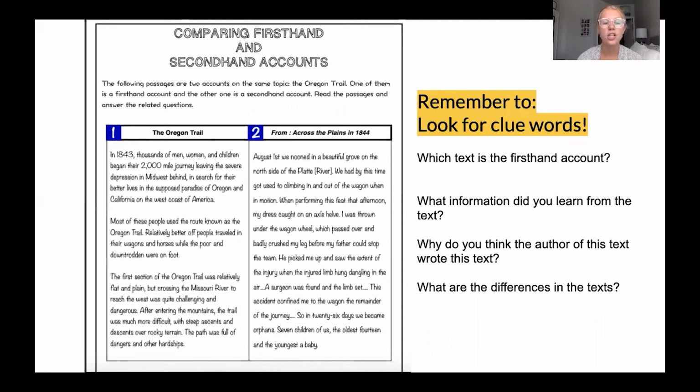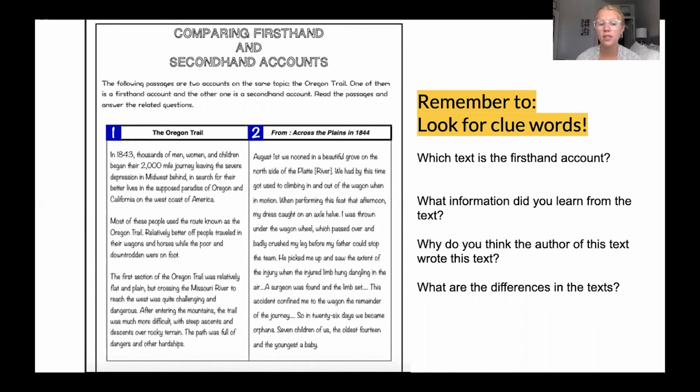The first section of the Oregon Trail was relatively flat and plain, but crossing the Missouri River to reach the west was quite challenging and dangerous. After entering the mountains, the trail was much more difficult, with steep ascents and descents over rocky terrain. The path was full of dangers and other hardships.